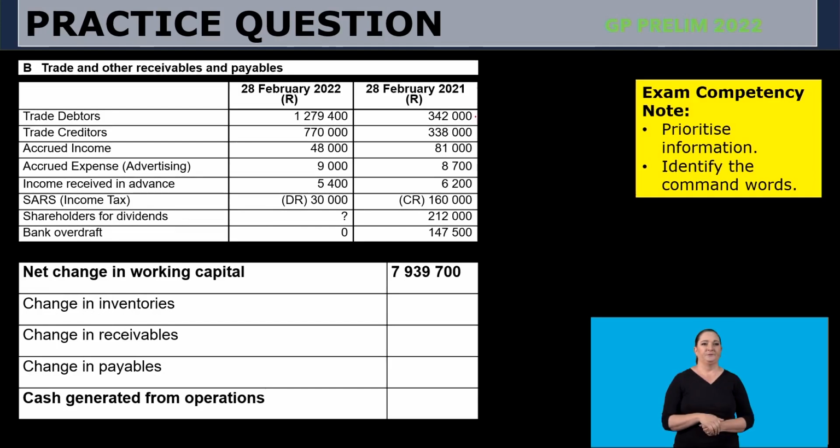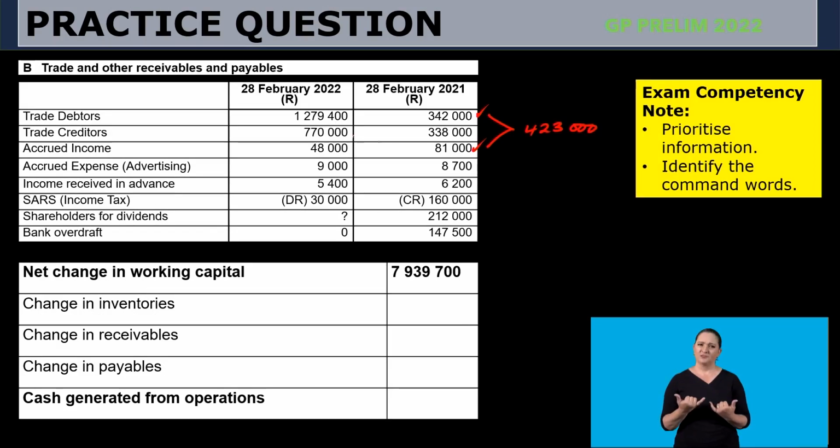In the first year, you have your 342,000. That is your debtors. And then you will add your accrued income, 81,000. That is going to give you 423,000.